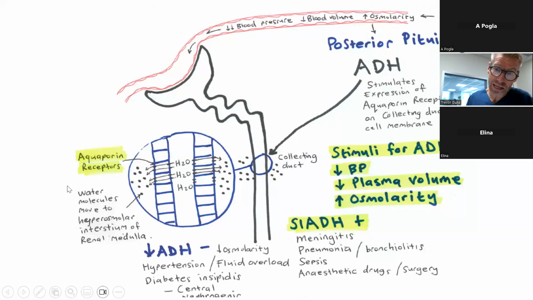Therefore, instead of passing a more dilute urine, you pass a more concentrated urine because ADH retains the water, and you just then excrete the solutes in a concentrated urine. All right, so it's just important to know what ADH does, in what circumstances it is normally stimulated, and in what circumstances it is pathologically stimulated. What's the pathophysiology of fluid and electrolyte changes in meningitis and common febrile illnesses like that.